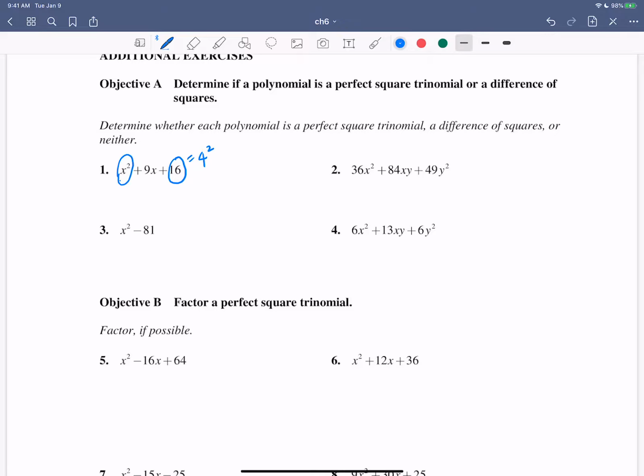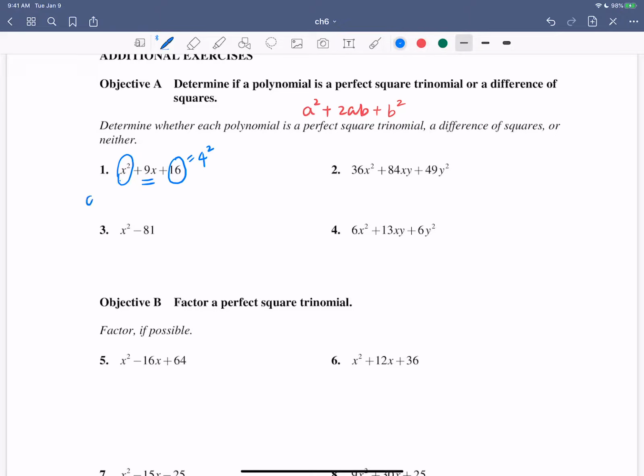The next thing to do is checking out the middle term. If you remember, for a trinomial to be a perfect square, it has to satisfy a squared plus 2ab plus b squared. So it has to satisfy this format. By looking at the middle term, which is 9x, I would say it's not 2ab.